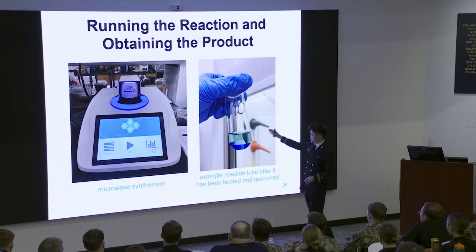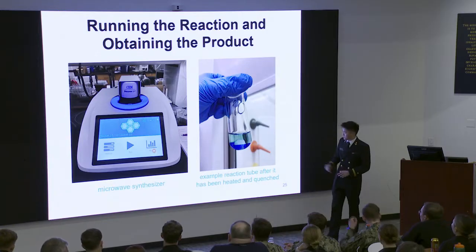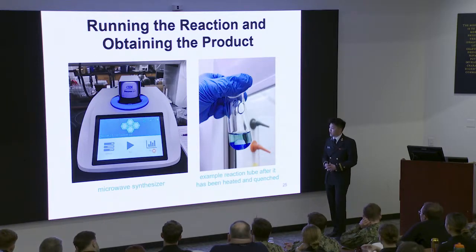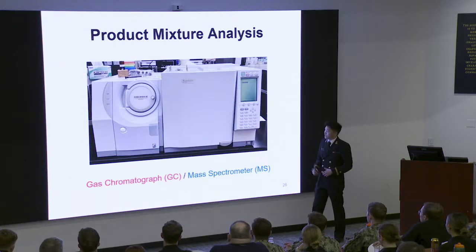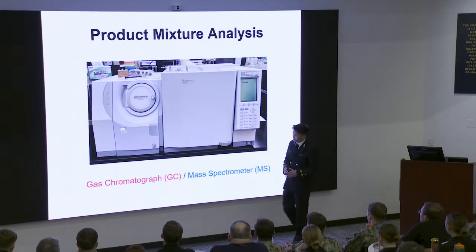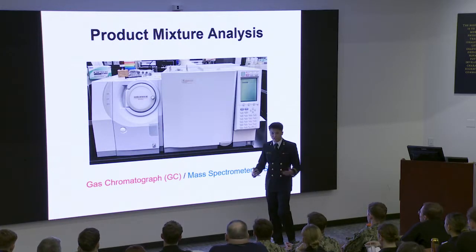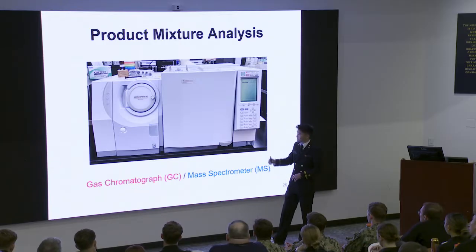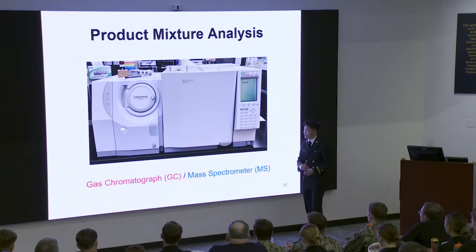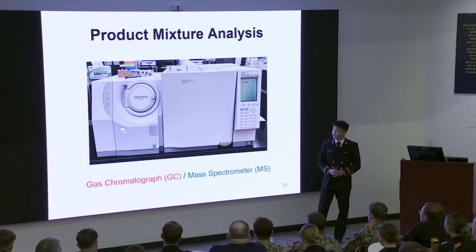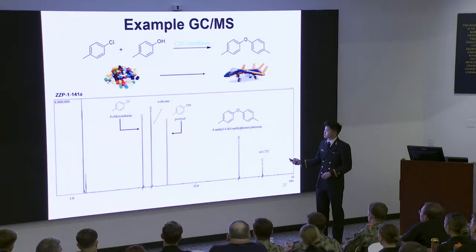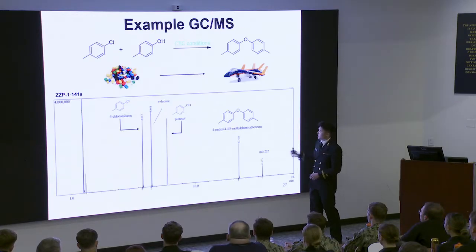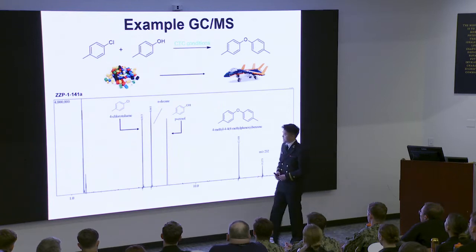This picture on the right shows an example reaction tube after it has been heated and the reaction has been stopped. We then move the reaction mixture into an instrument called a gas chromatograph mass spectrometer, or GCMS for short, so that we can separate, identify, and quantify the products present in the reaction mixture. Shown here is an example GCMS chromatogram.